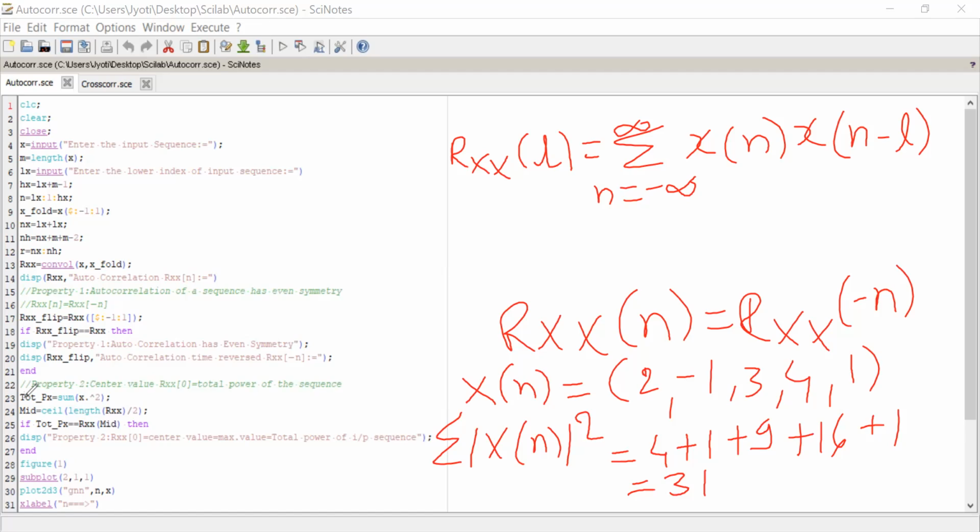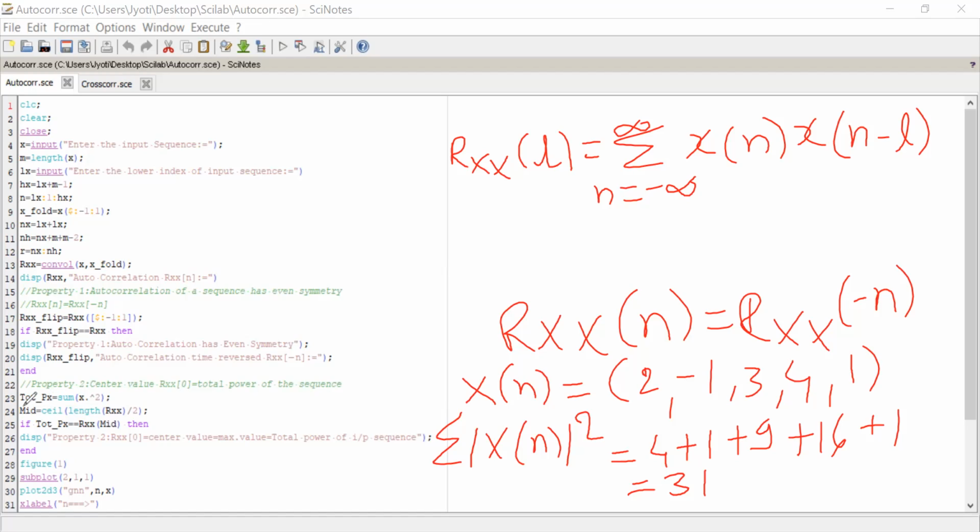That's why we wrote TOT underscore PX, the total power, equal to sum of X power 2. Sum means summation. You have calculated the total power. Then you need to compare this with the center value of Rxx of 0.